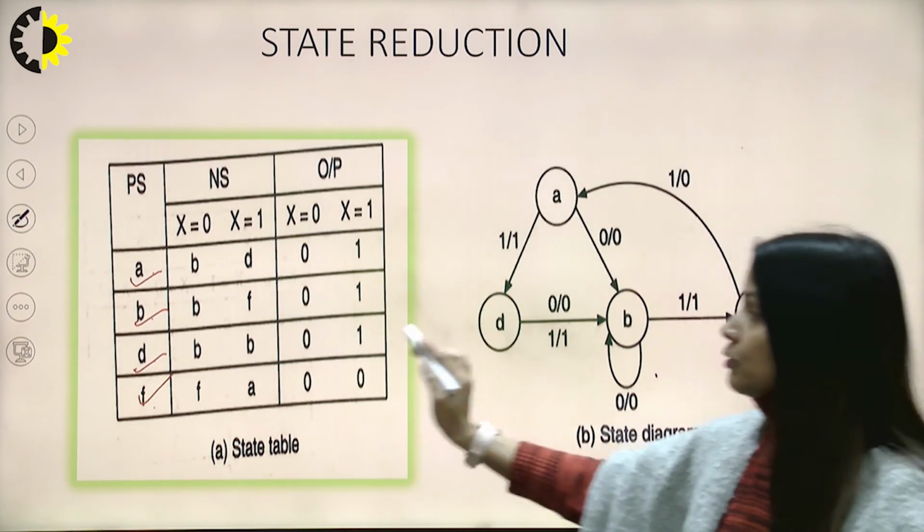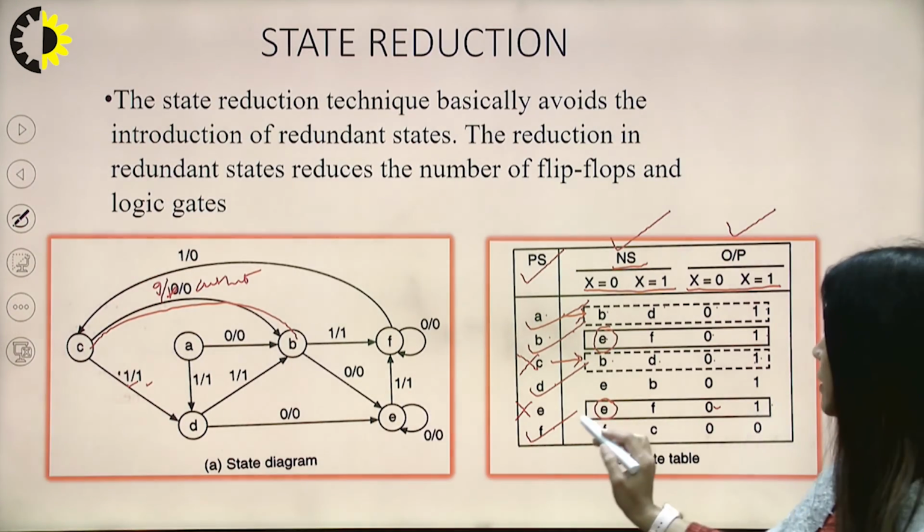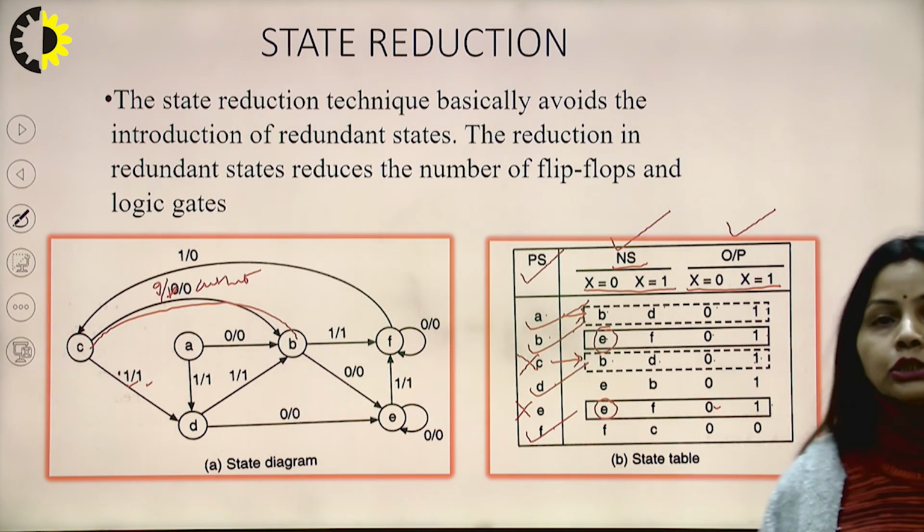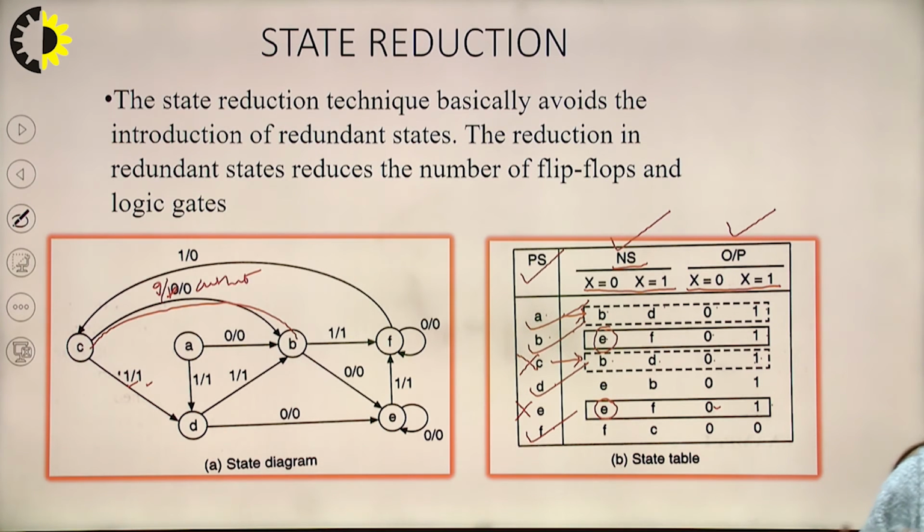Similarly for F, we will write F, C, 0, 1. There is no repetition at all, so we can write like this.